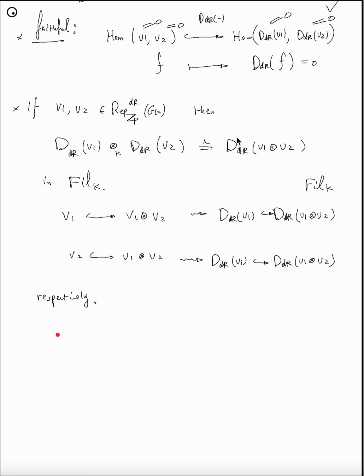Then we have this. In this particular case, we have the exercise for the tensor product. This is again an injective map, and again you could just argue by dimension.